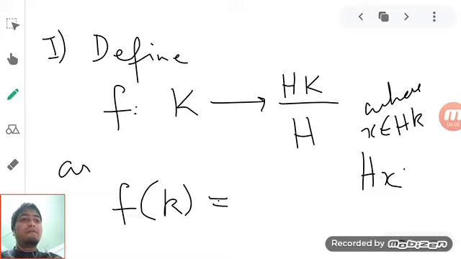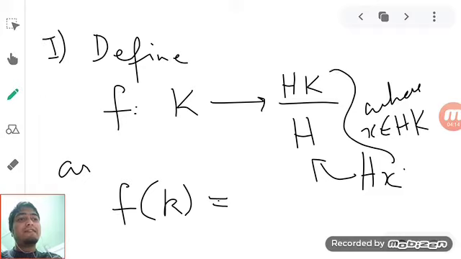This capital H comes from over here, and this small x comes from the numerator, that is HK.